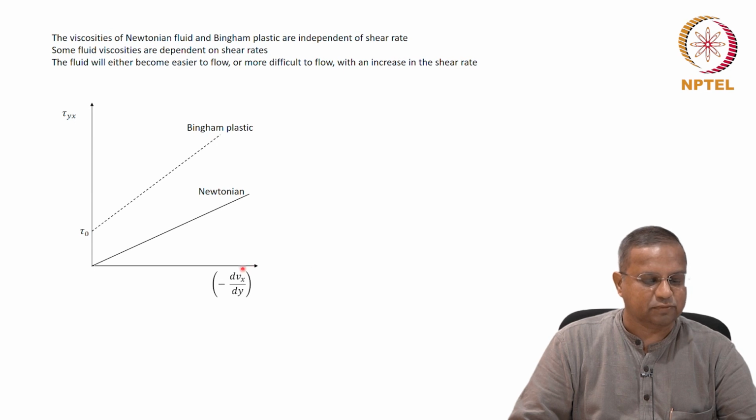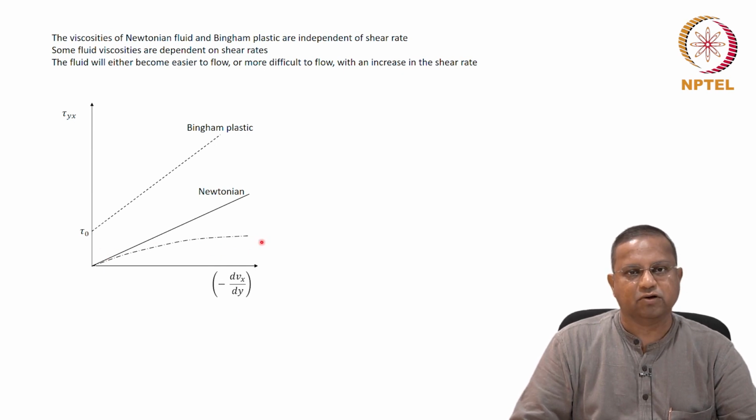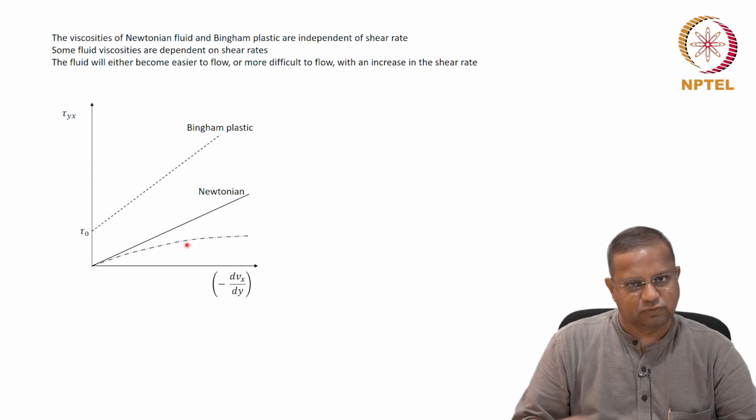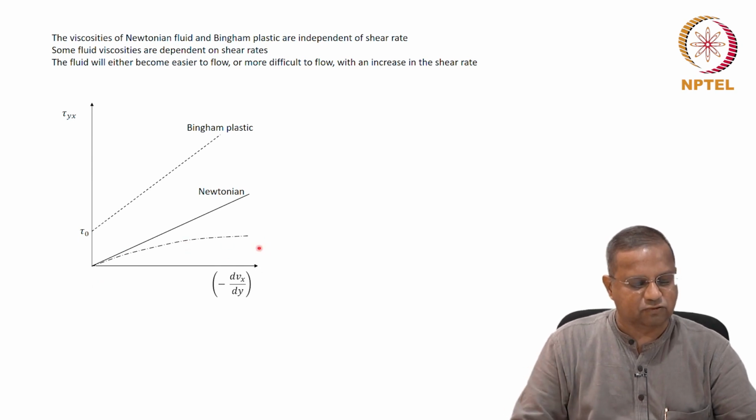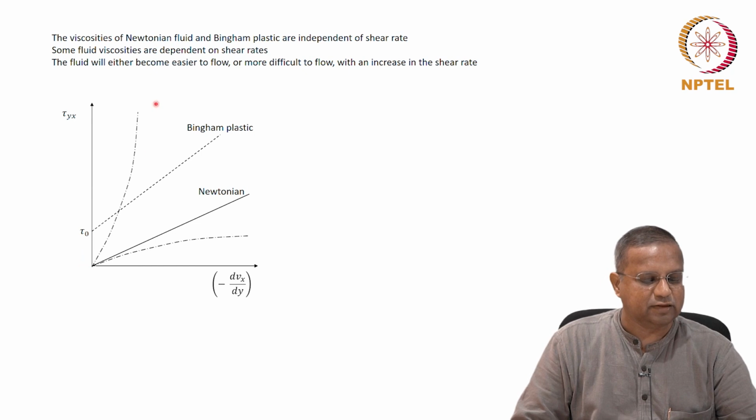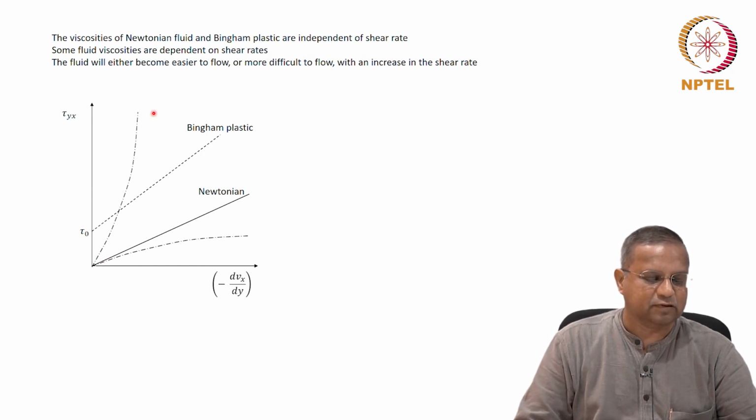Then we also saw a pseudoplastic fluid, which is a shear thinning fluid. As the velocity gradient increases, the viscosity decreases, or it becomes easier to, let us say, stir the pseudoplastic fluid. And this is the dilatant fluid, it's just the opposite, where the viscosity increases with shear rate.